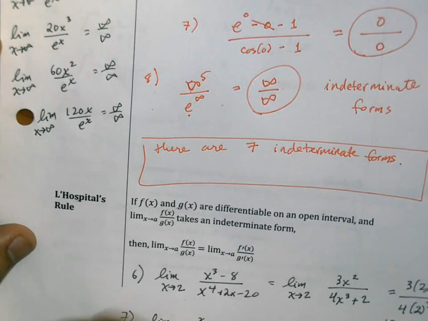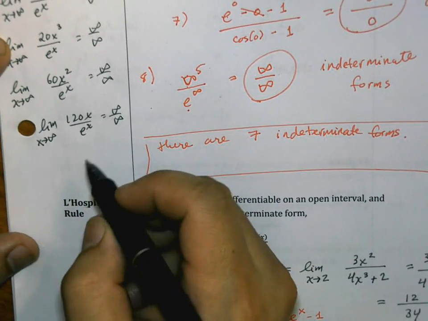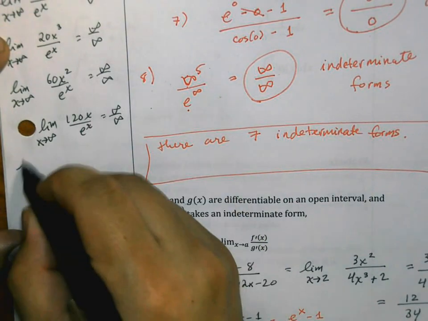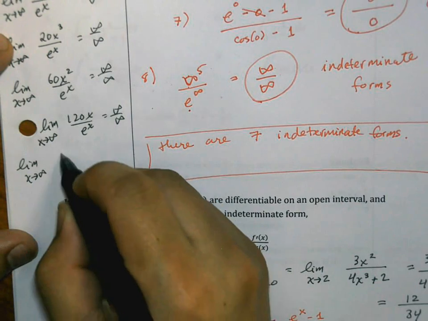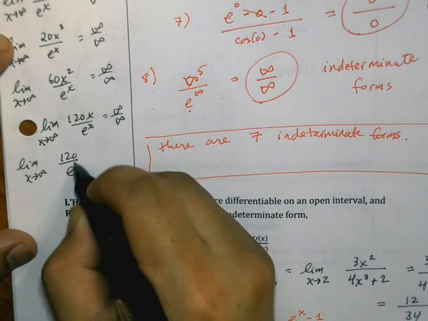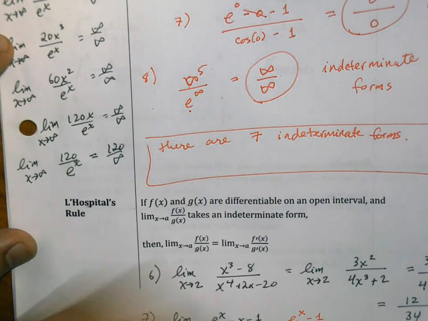Let's take the derivative one more time. The limit as x approaches infinity of 120 over e to the x. And now we get 120 over infinity.